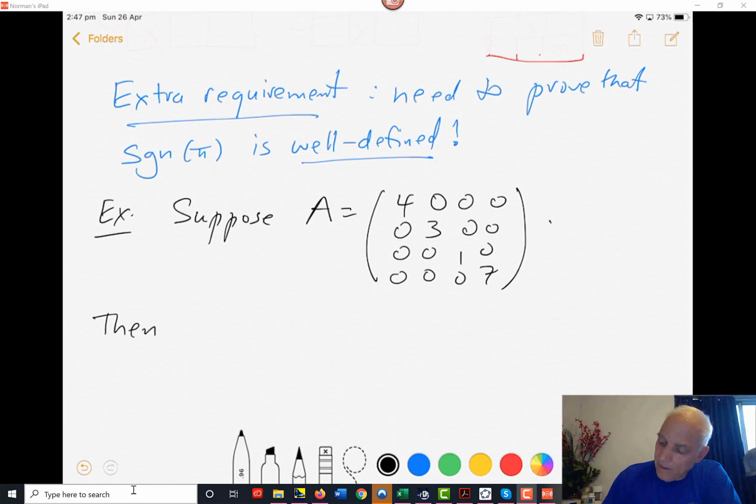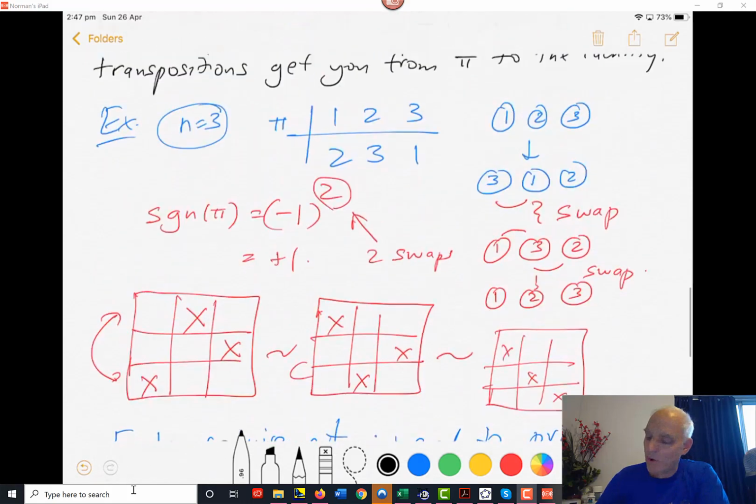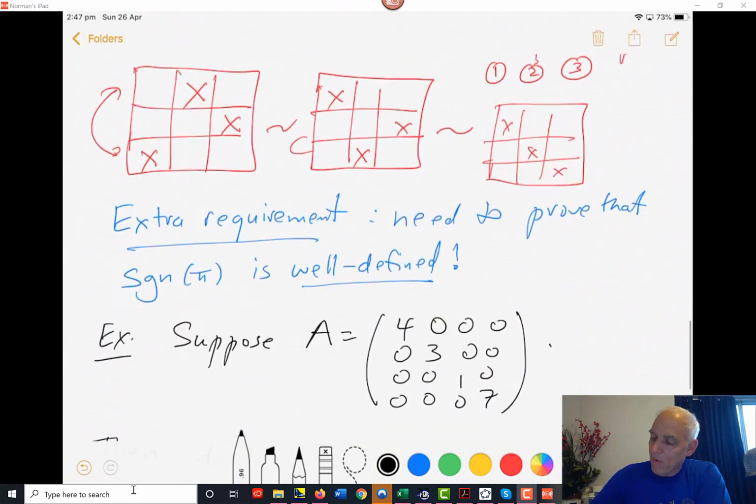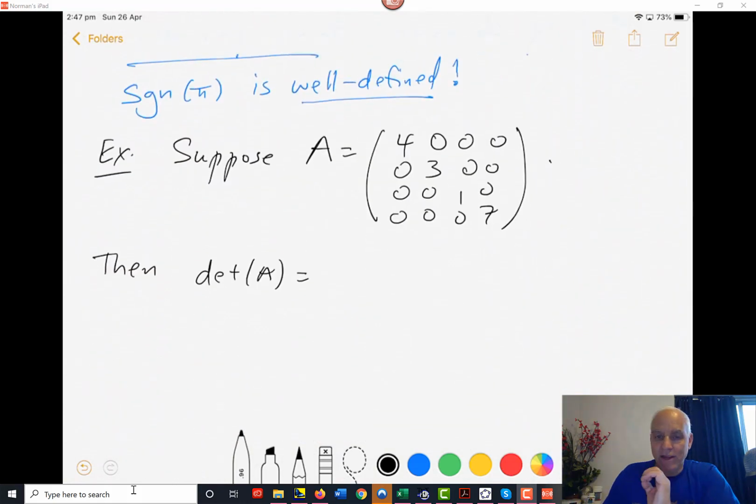Well, if you remember the previous formula, the one with the sum over all permutations, this determinant is a bunch of terms with coefficients plus or minus 1, each corresponding to a position of rooks on the 4x4 board that don't touch each other.